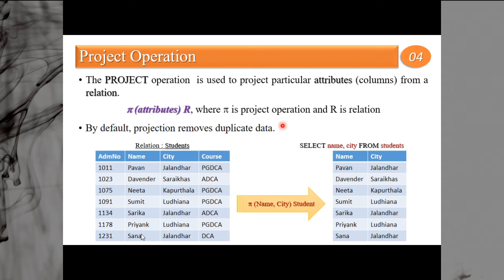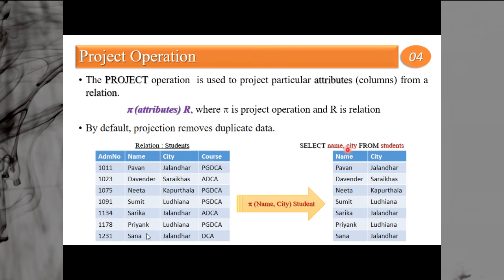By default, projection removes duplicate data. This is very important. Let us assume that we are having another person there, say the admission number is 1099. The name is Pawan, the city is Jalandhar and the course is say DCA. So this is different data. The admission number is different, the name is the same as the first Pawan record, the city is the same as the first record, Jalandhar, but the course is also different.